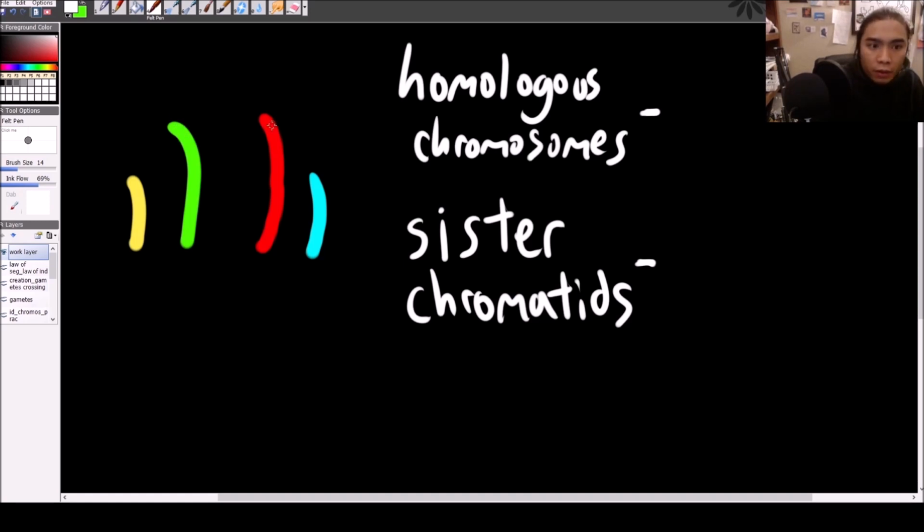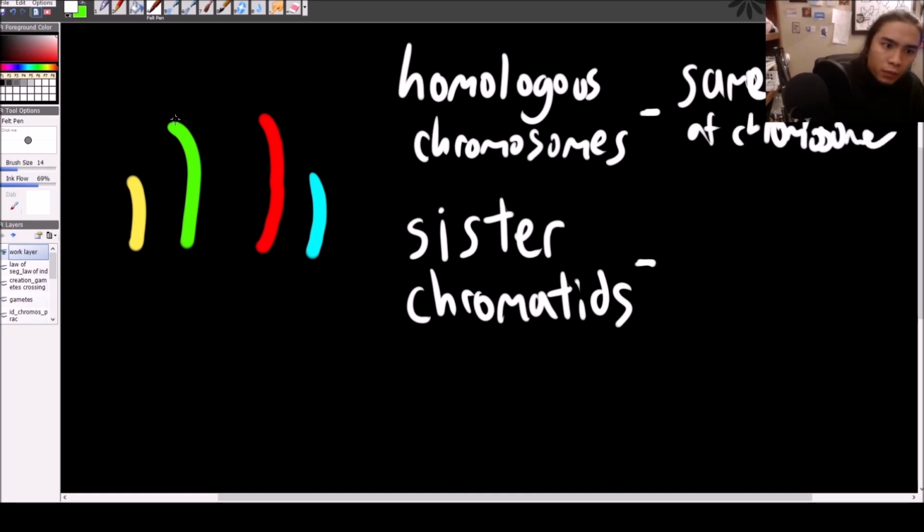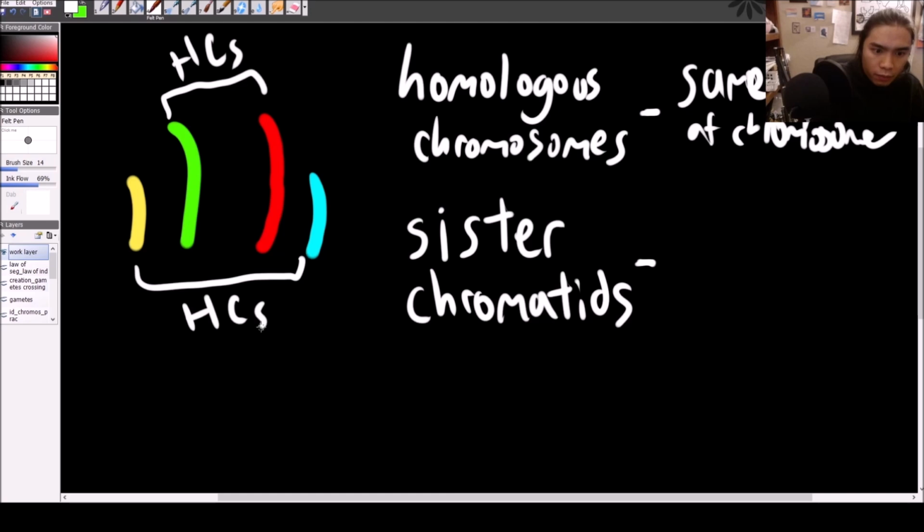And if they're different colors, that just means they have different alleles. So, same genes, different alleles on the chromosome. Homologous chromosomes are just the same type of chromosome. So, this is a pair of homologous chromosomes. And this is another pair of homologous chromosomes.